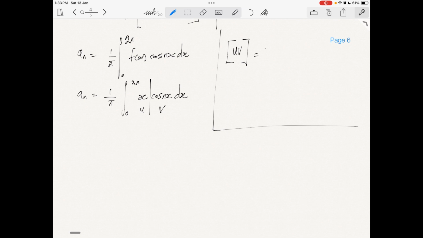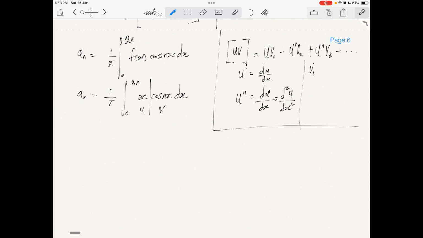The integral of uv is u v1 minus u prime v2 plus u prime prime v3, and it continues, where u prime is differentiating u with respect to x, and u prime prime is differentiating u prime with respect to x, or the second differentiation of u.